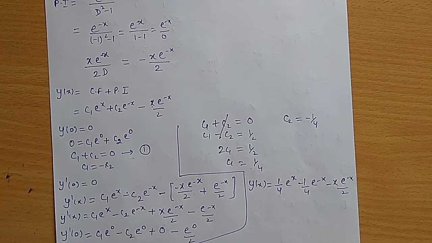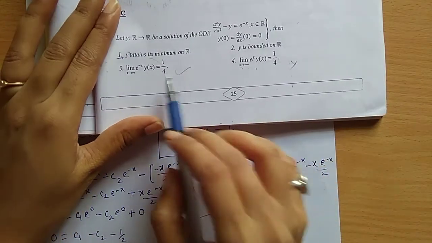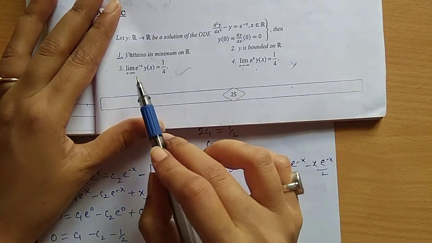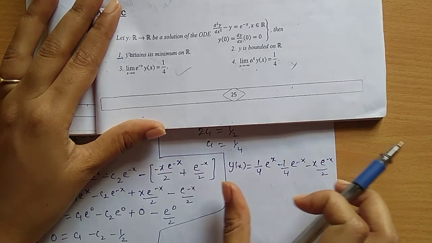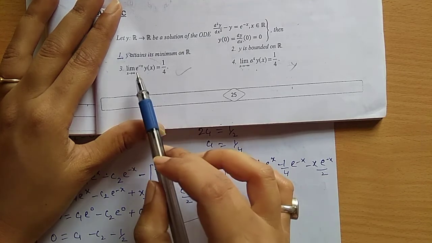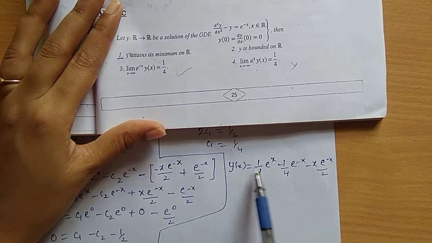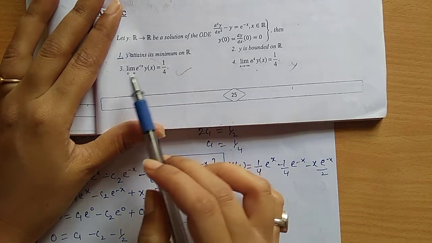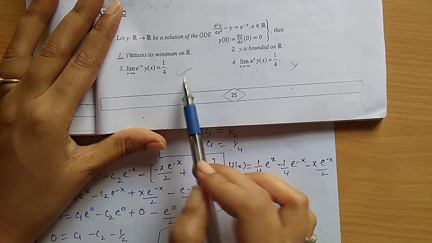Now let us come to the options. What are the third and fourth options saying? The third option says that if we multiply y(x), the solution that we have found, by e to the power minus x, and then take the limit as x extends to infinity, this will give you 1 by 4.